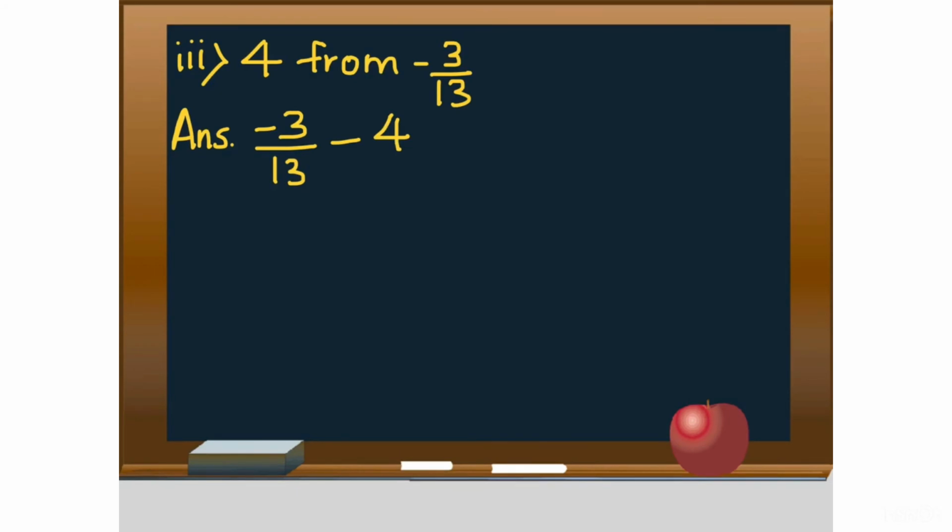Now, we can take the denominator of 4 as 1. Now you can see that the denominators are not the same. So, we will find the LCM of 13 and 1. LCM of 13 and 1 is equal to 13.